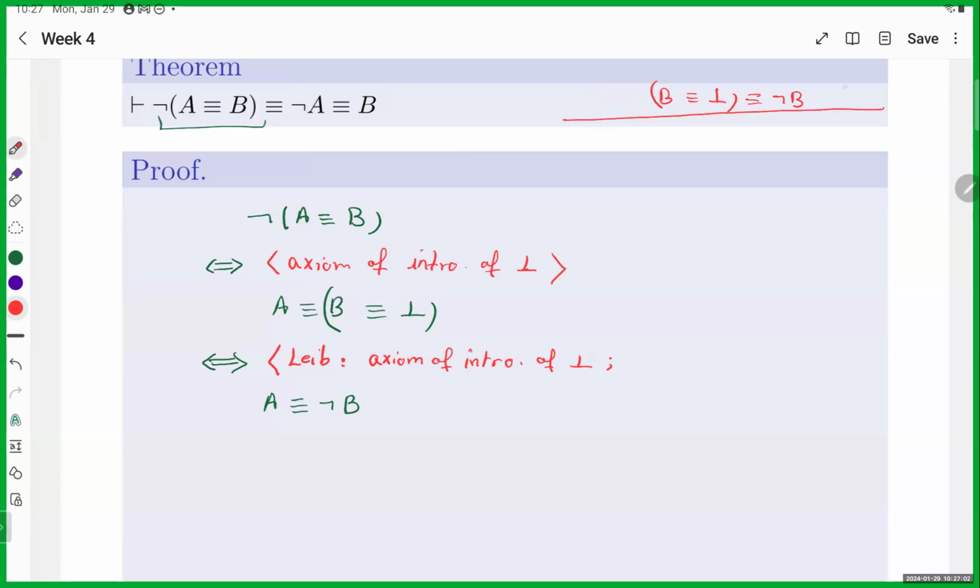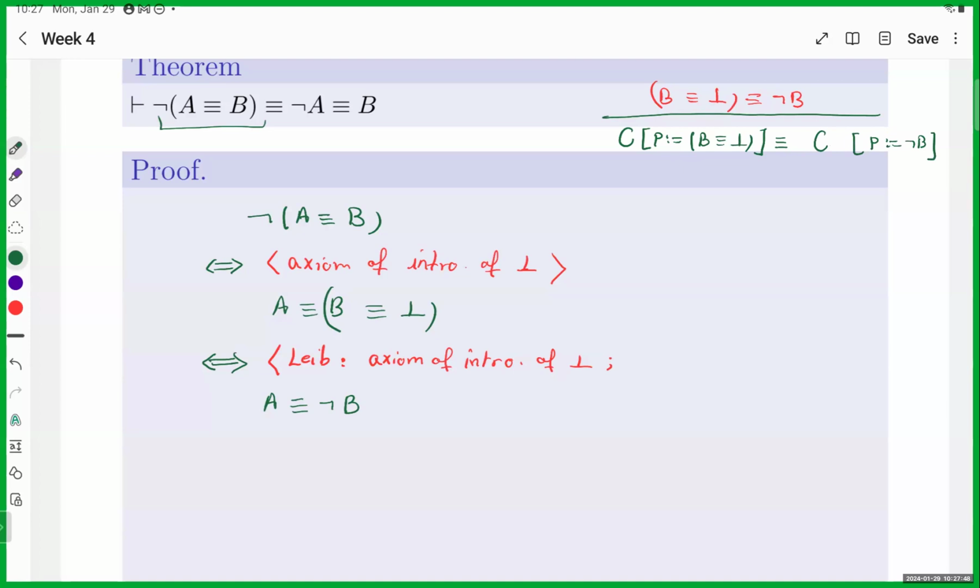Now, I know for any formula C, if I substitute P with B equivalent to bottom, it's equivalent to when in C, I substitute P with negation of B. I'm going to leave a little bit more space here. Right? This is an instance of Leibniz.